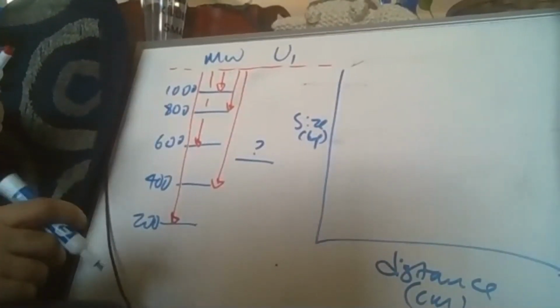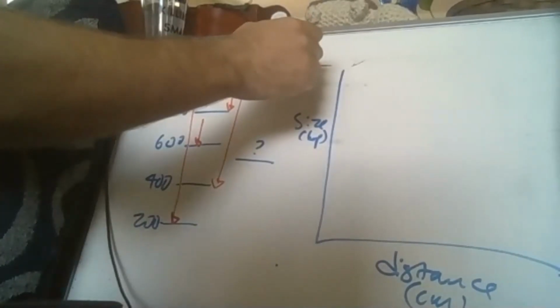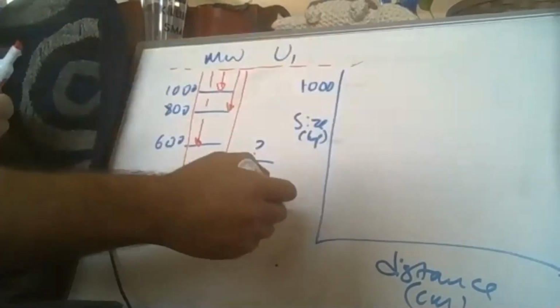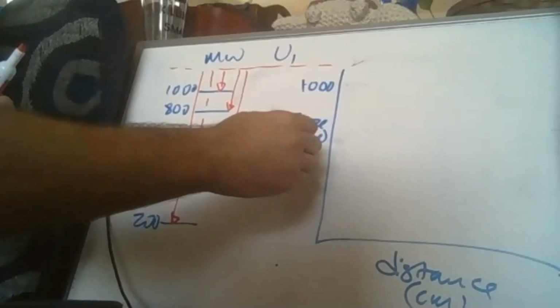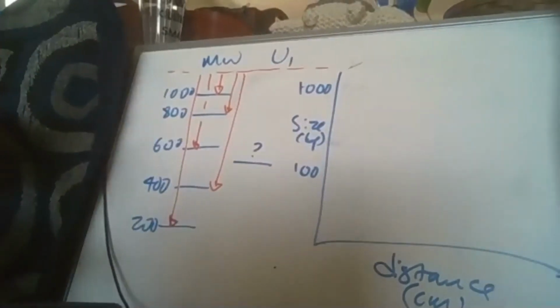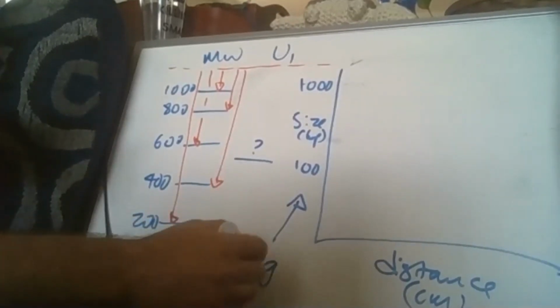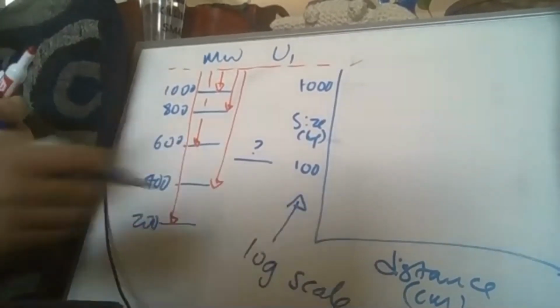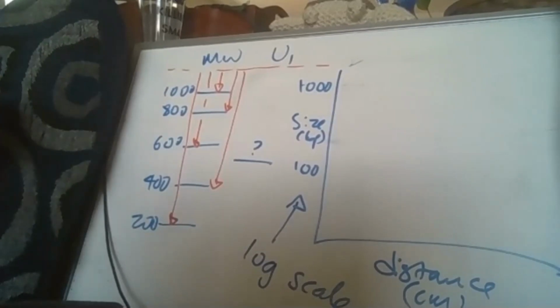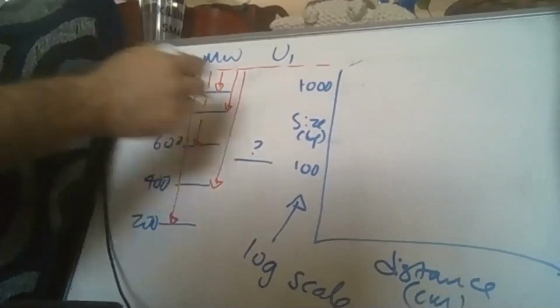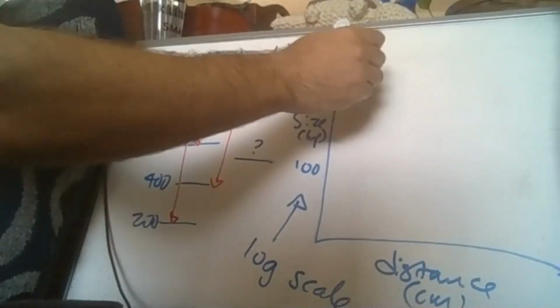So this is going to be kind of odd to draw because this needs to be a log scale. So it's going to be a little bit weird. And it has to be a log scale, otherwise you'll get a curve. You won't get a straight line. Okay, so you measure this, that's going to give you this kind of distance.